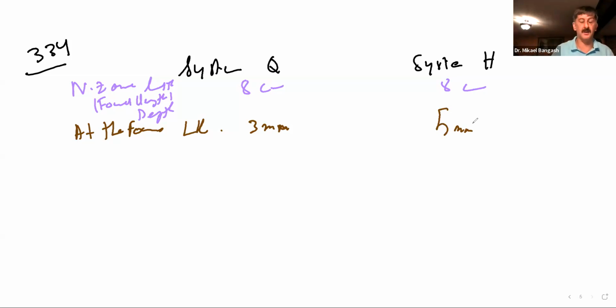So what they mean is, of these two systems at a depth of 8 centimeters, which is the focus, one has a beam width of 3 millimeters and the other has a beam width at the focus of 5 millimeters.